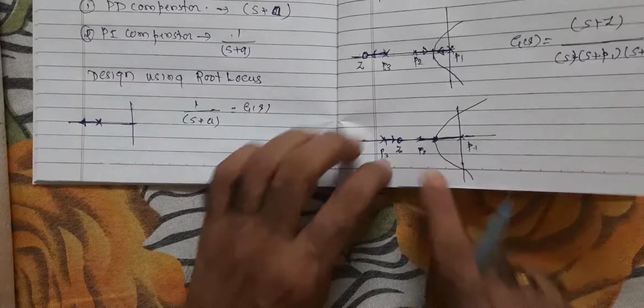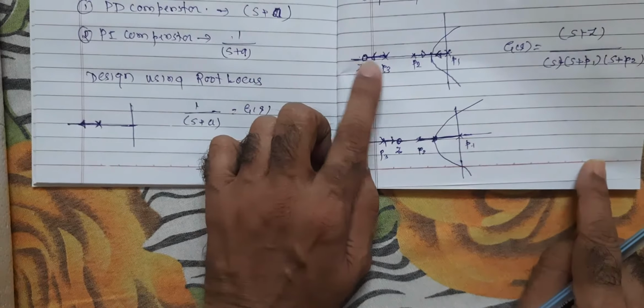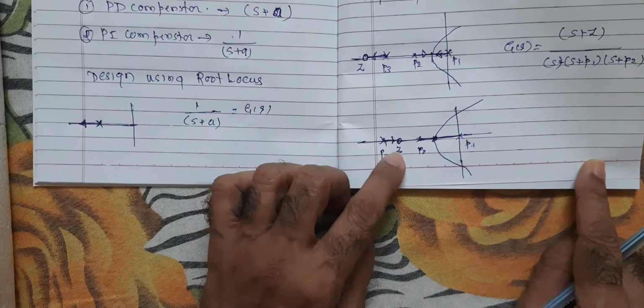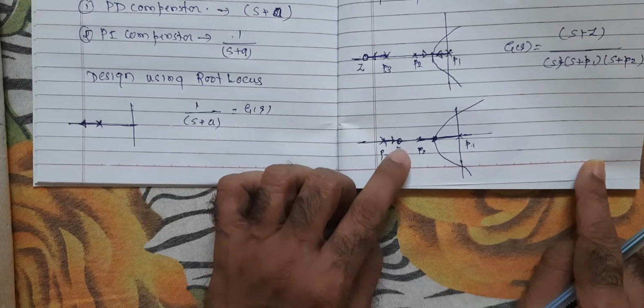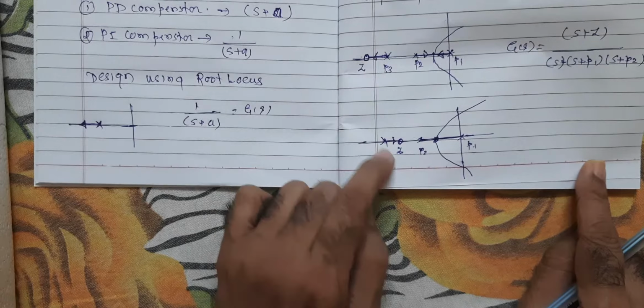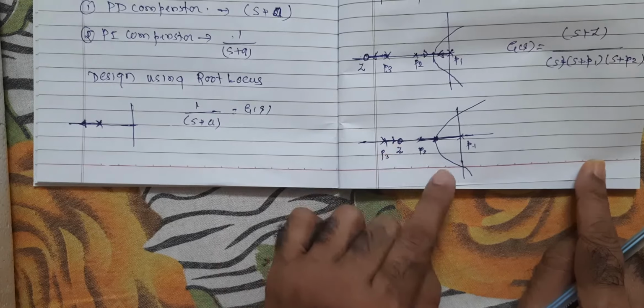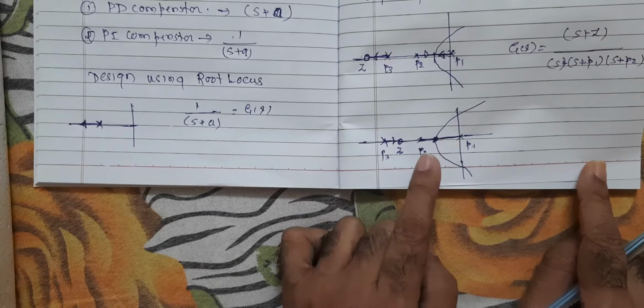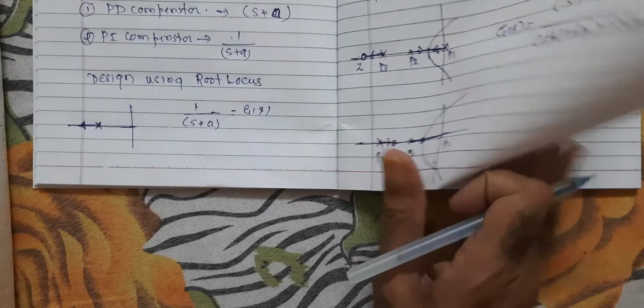Now see here again. In the first one, the zero is after P3, and here it is before P3. Now we will move the zero before P2. See what happens between P1 and P2, now that the zero is there.